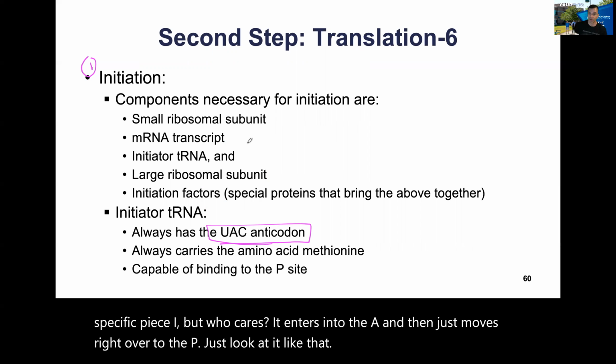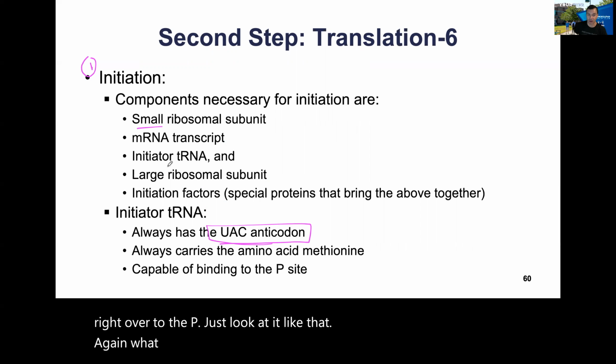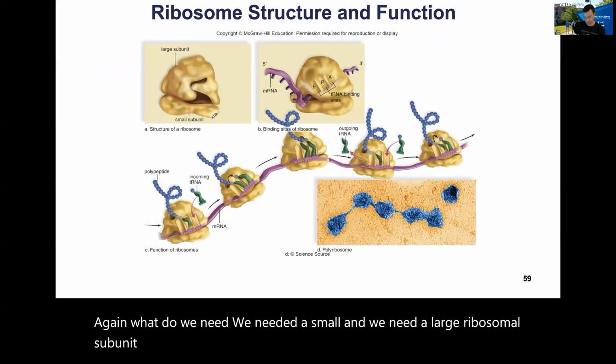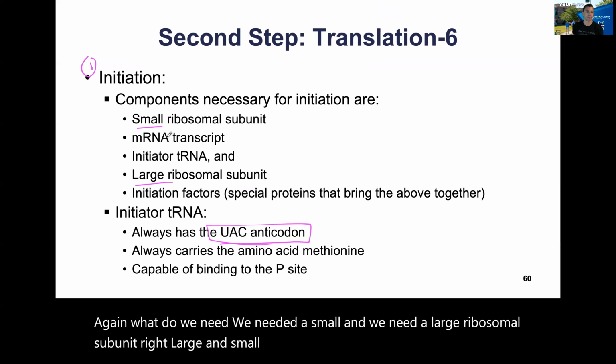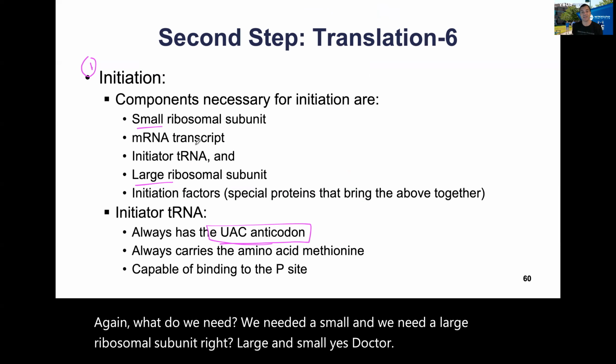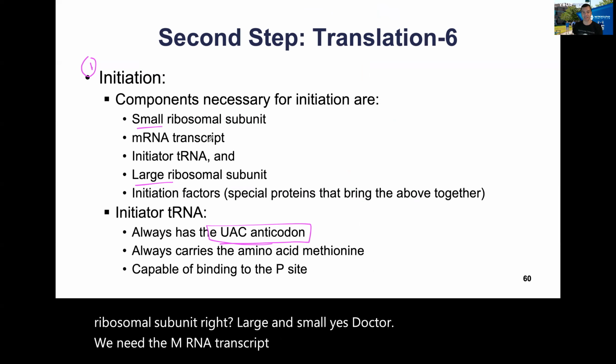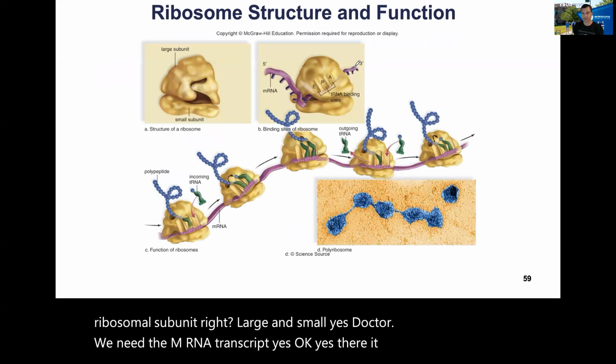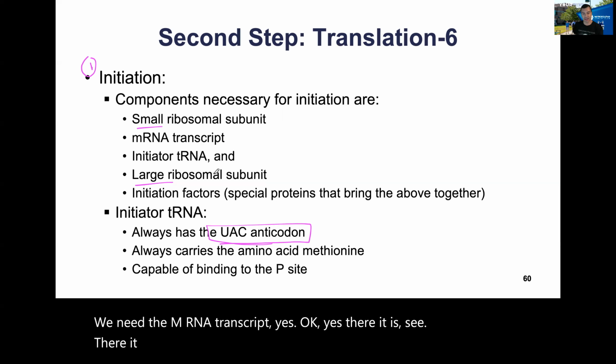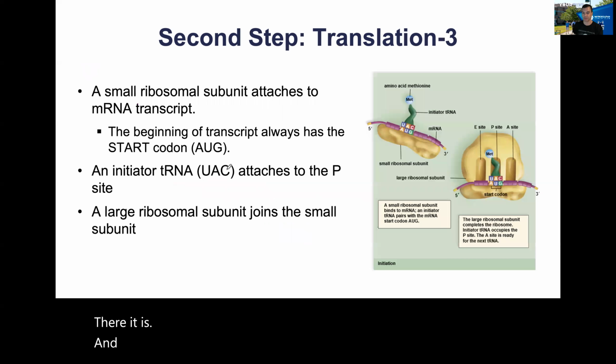Again, what do we need? We needed a small and a large ribosomal subunit, right? Large and small. We need the mRNA transcript. There it is. And we need the initiator tRNA, UAC, methionine.